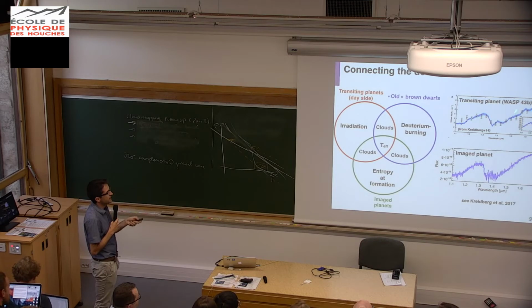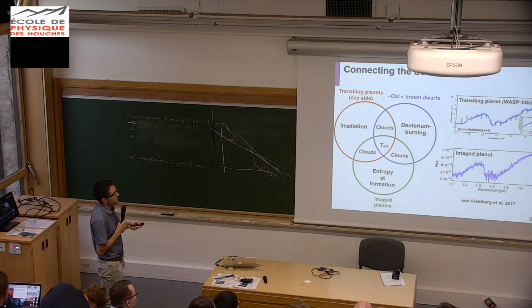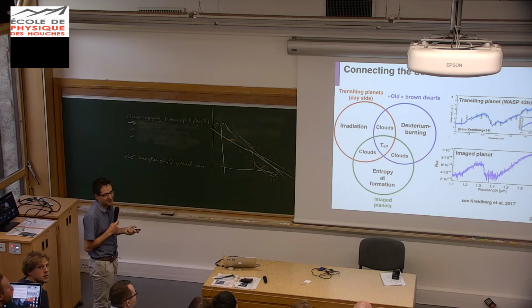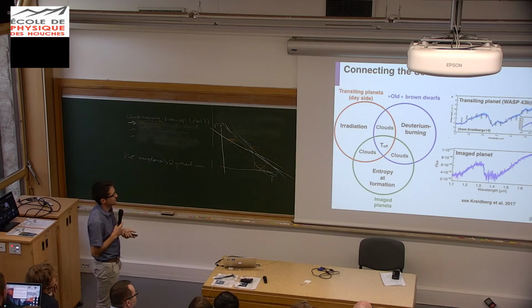And you can see here this very clear detection of water between 1.3 and 1.4 micron, a rising slope here in the H band, and here this absorption that is possibly also due to water. And so you can actually find some imaged planets that reproduce relatively well the spectrum of this transiting planet.